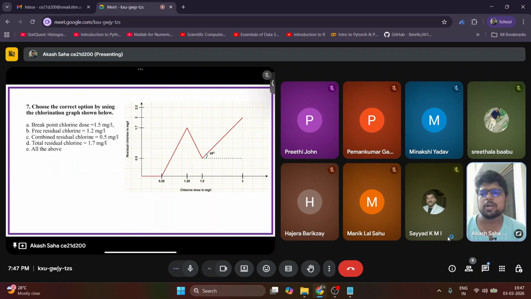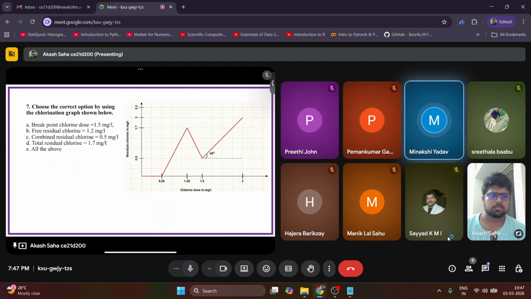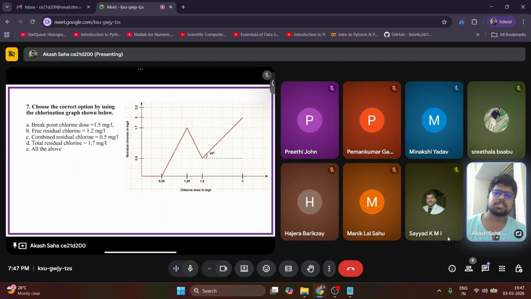Now, what will be the free residual chlorine? Before that, what is the combined residual chlorine? 0.5. So option C is also correct, because at the breakpoint dose, whatever residual chlorine is already present is the combined residual.